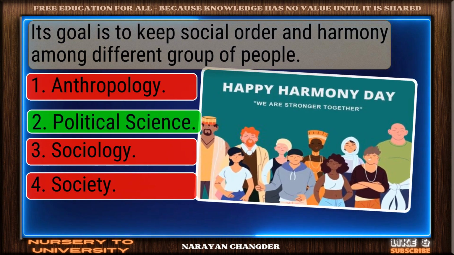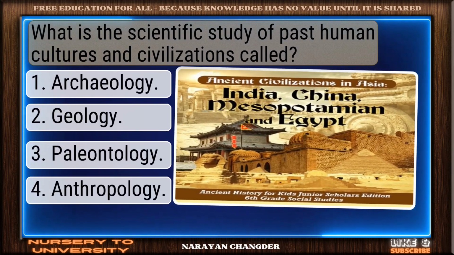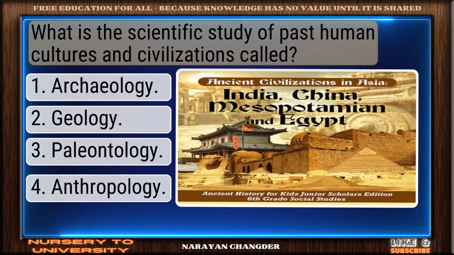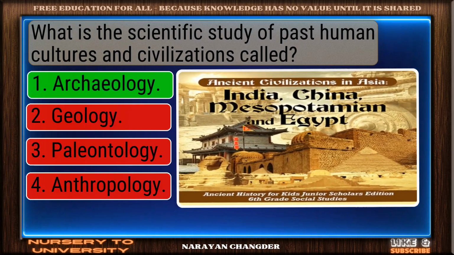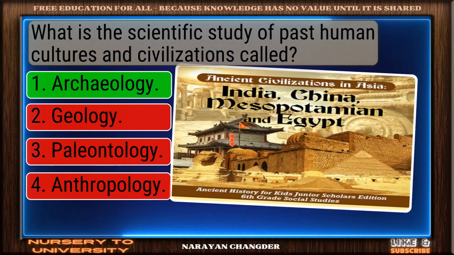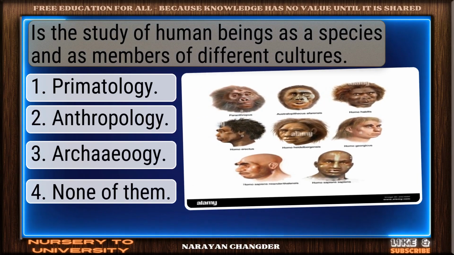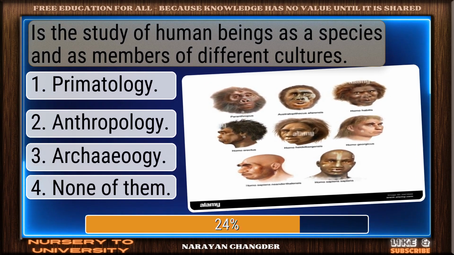Political science is the answer. What is the scientific study of past human cultures and civilizations called? Excellent. Archaeology is a brilliant choice. Is the study of human beings as a species and as members of different cultures.